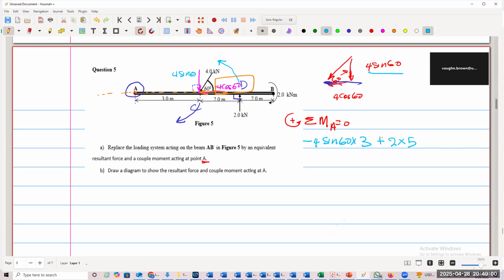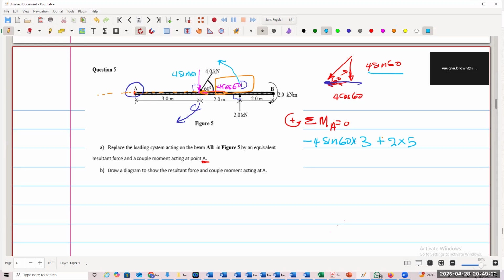All right. Now we have one more moment in this case. You may not get a moment in your problem. You may just get forces. I didn't put any moment on it, I just put forces. So this one, you're not going to see anything like this. This one is a moment already, so you just need to add it. But which direction is it going?